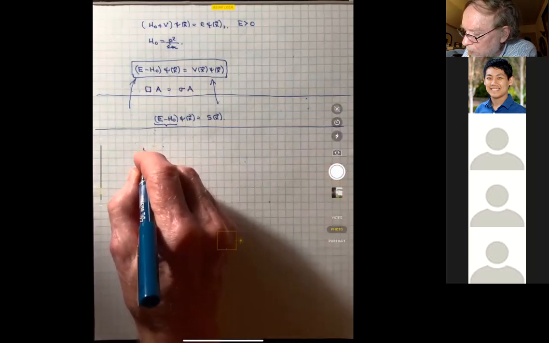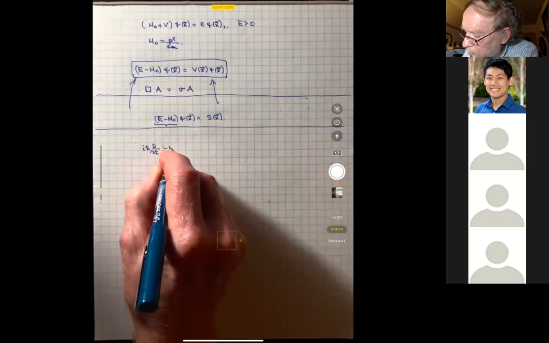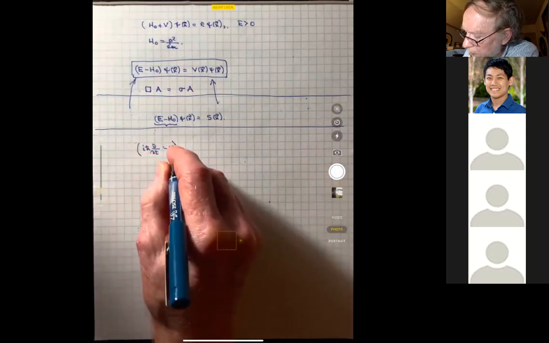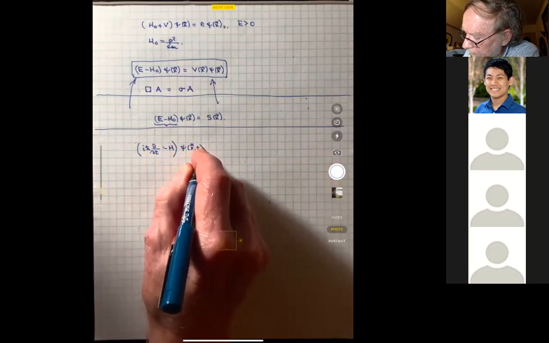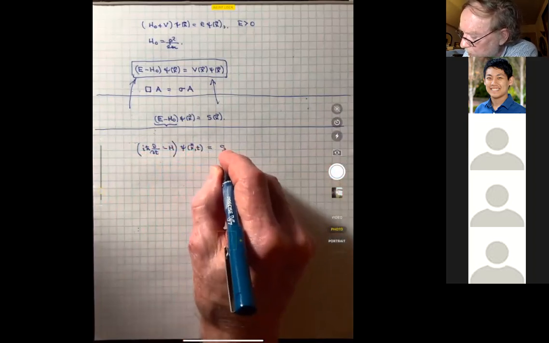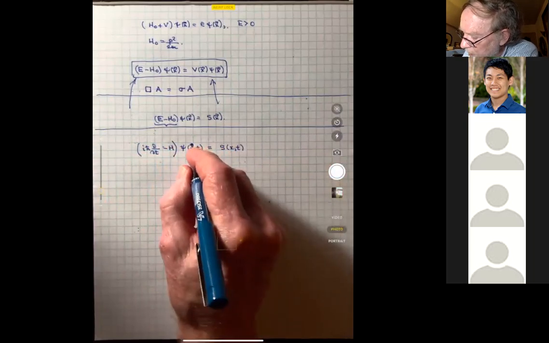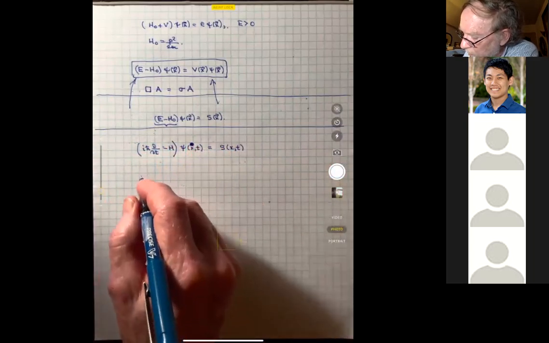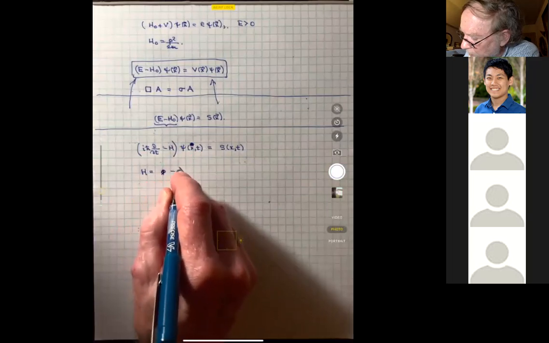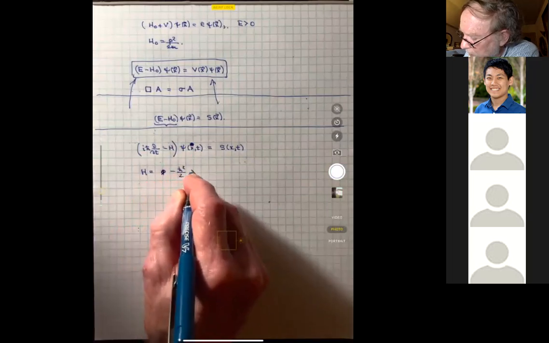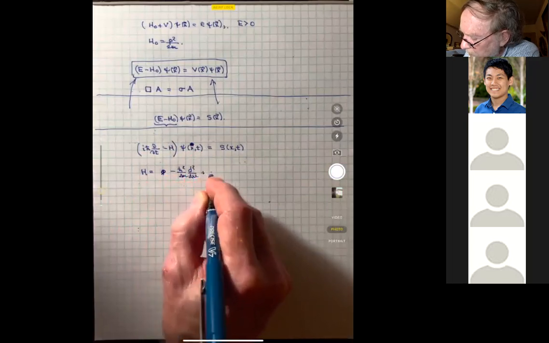For that purpose, let's talk about a time dependent Schrodinger equation with a source term. Let's write it this way: (i h bar d/dt minus H) acting on psi of x and t gives us a source of x and t, like so. I'll make this a 1D problem, so I'll take the arrows off. And for the Hamiltonian, let's say that it's minus h bar squared over 2m d squared/dx squared plus V of x and t.